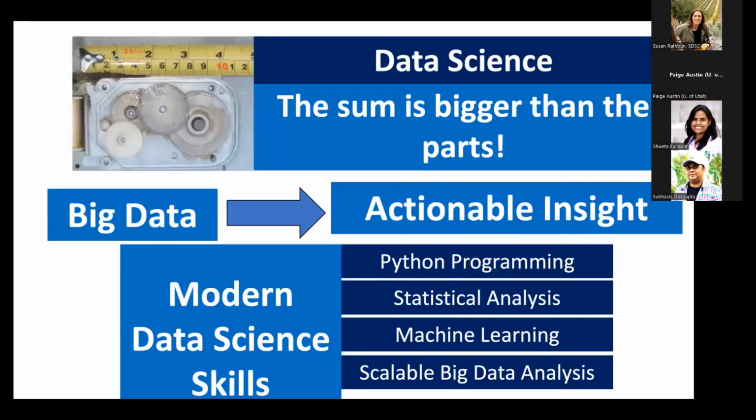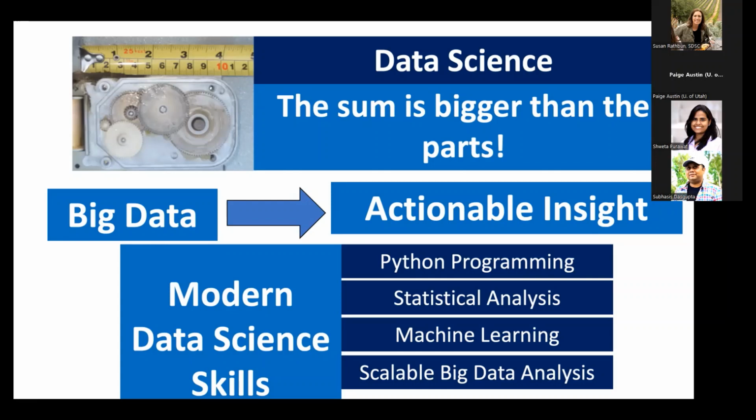So data science is bigger than the parts that we mentioned. You get actionable items from your raw data, and you require certain sets of data science skills to get those actionable insights.